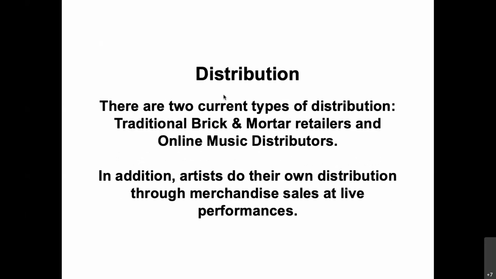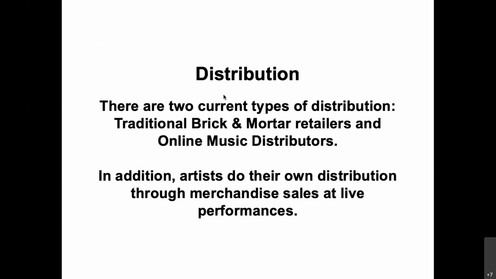Distribution. There are two types of distribution. We'll be talking about this later. One's brick and mortar, and the other is online music distributors. If you're going with digital distribution, you're going online only. You won't need brick and mortar. You won't need to get it into the retail stores, if you can even find them anymore.